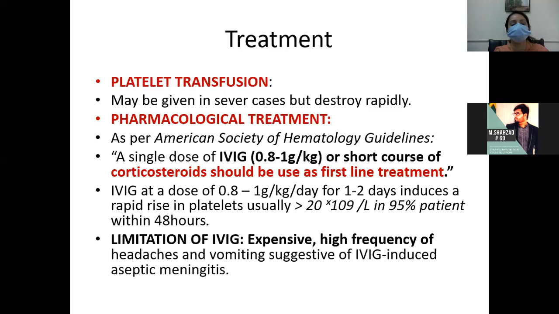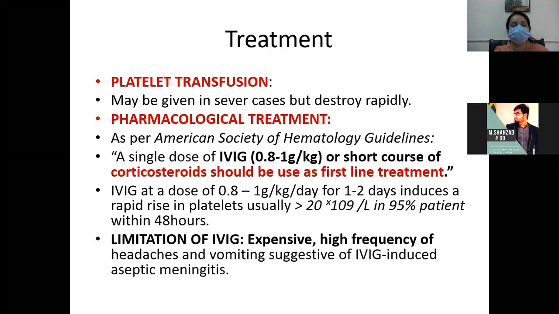And intravenous immunoglobulin at a dose of 0.8 to 1 gram per kg per day for 1 to 2 days induces a rapid rise in platelets, usually more than 20 x 10^9 per liter in 95% of patients within 48 hours.